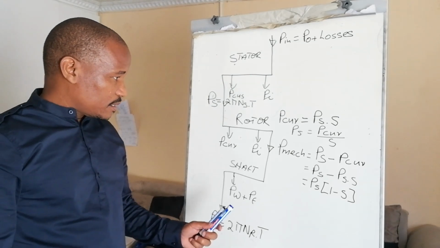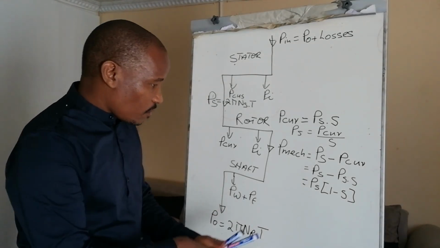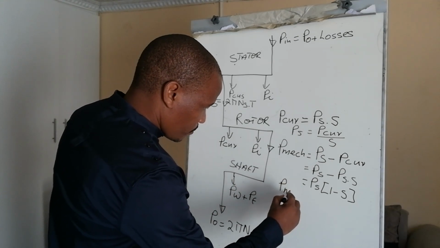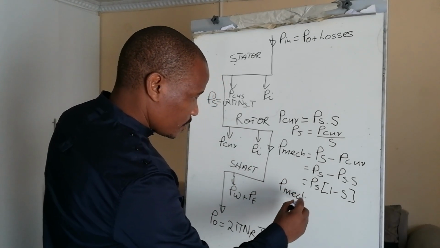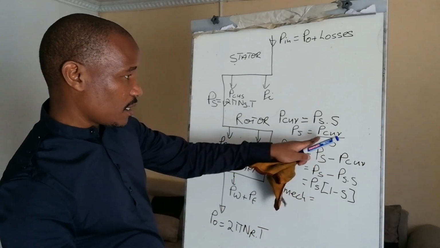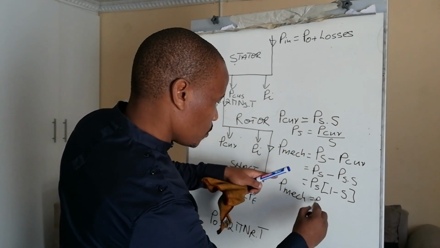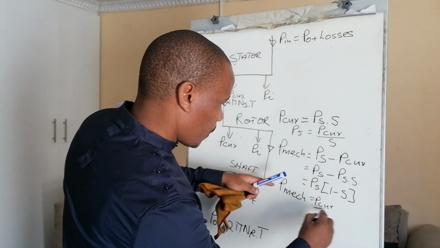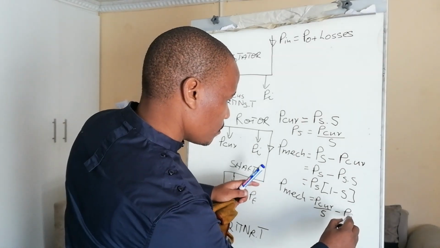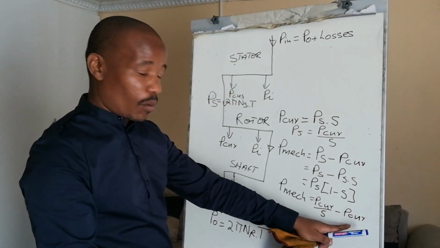One other thing, guys, let's say mechanical power is equal to, you see here is PS, and PS is equal to the rotor copper losses over slip minus PCUR, the rotor copper losses.